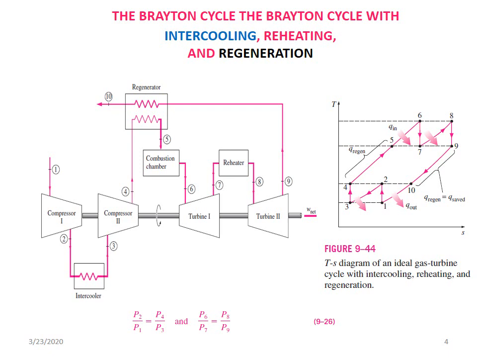In this lecture we have studied the basic block diagram of reheating and regeneration. We have also explained the T-S diagram of reheating, intercooling and regeneration. We have also considered the pressure ratio for maximum thermal efficiency output.